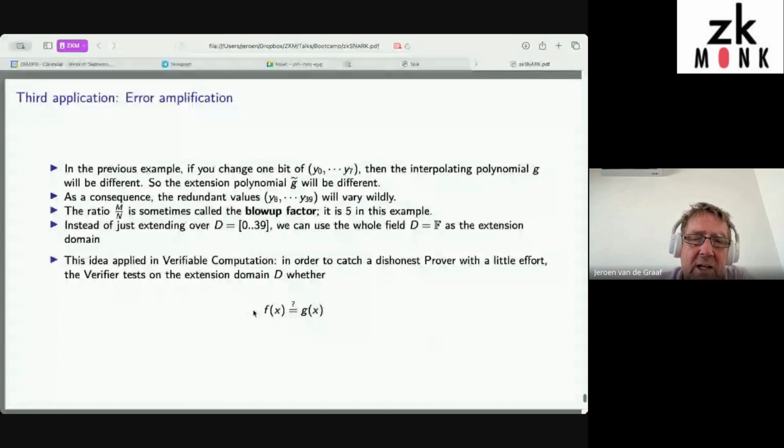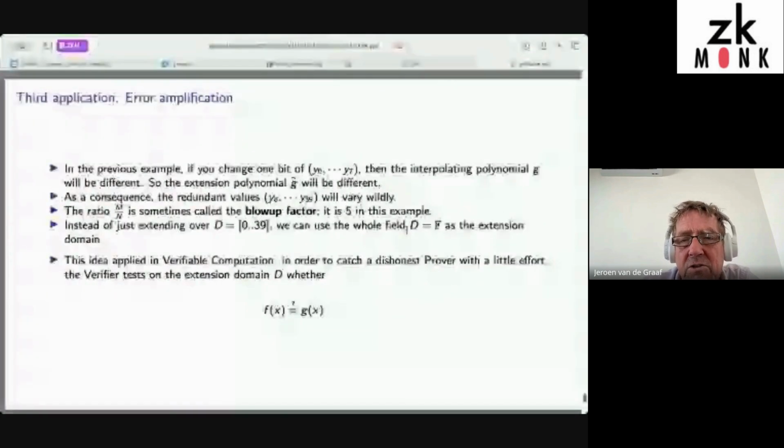And in order to do that, the verifier only has to verify that f and g are equal on the interval of 8 until 39. Or even, as I said here, you don't have to stop at 39. You can make the 39 as large as you want, as long as you stay within the size of the field.